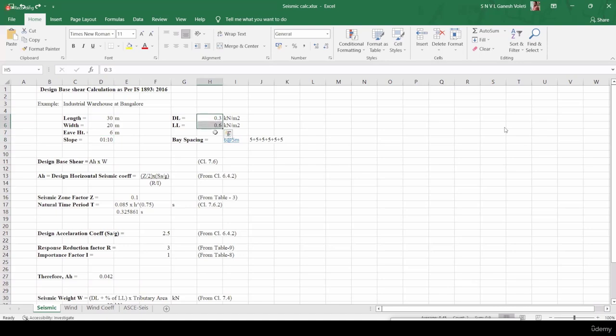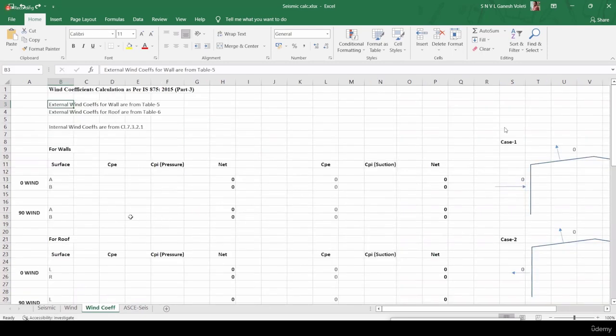Dead load and live load are 0.3 and 0.6 respectively. Bay spacing, the center to center distance between two successive frames, is 5 meters each. Six bays of 5 meters center to center spacing make the 30 meter length of the building. That is the example I'm using here.